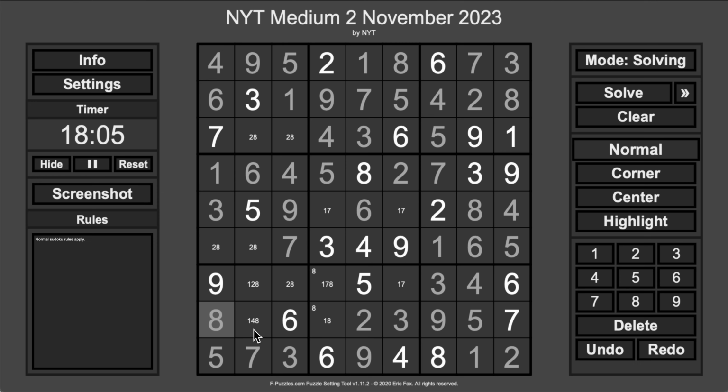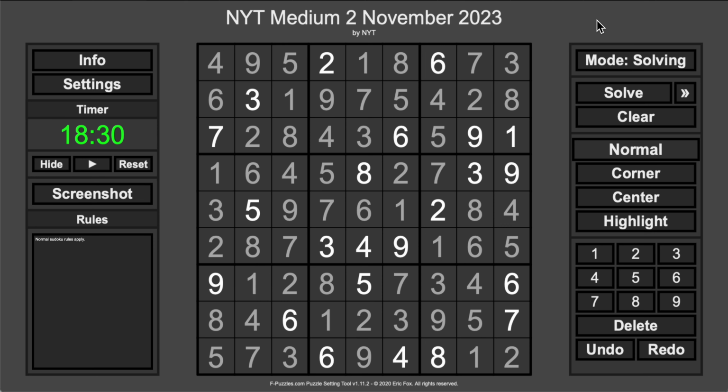Turns into an 8 because it must be. This is an 8, and therefore that one's a 1, which makes this an 8. That turns into a 7. 8, 2, 8, 2, 8, 2. That's a 4, and that better be 1. There we go, 18.5 minutes.